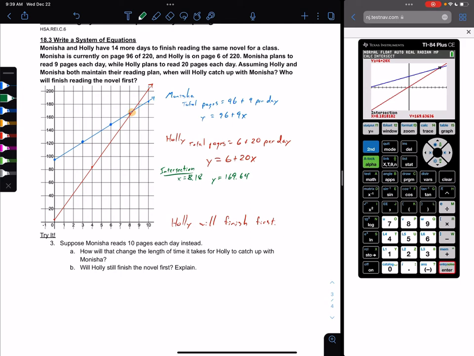So, Monisha and Holly both maintain their reading plan. When will Holly catch up with Monisha? Holly will catch up on day 8. Okay, so more accurately about 8.18, but we'll say day 8, and we can go with that. Okay, so we'll say that these are our solutions.